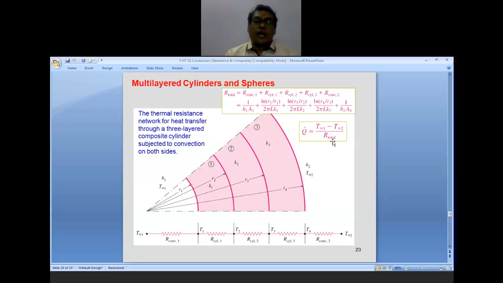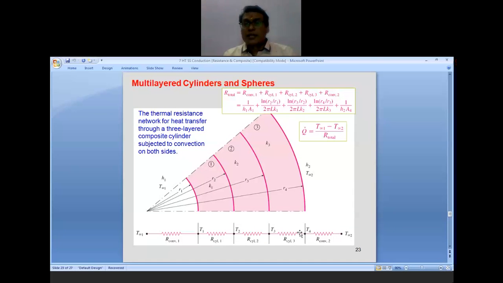You can also do calculations related to T infinity 1 and T2, individual T2, T infinity 1 and T3, T1 and T3, T2 and T4. Any permutation and combination can be done.